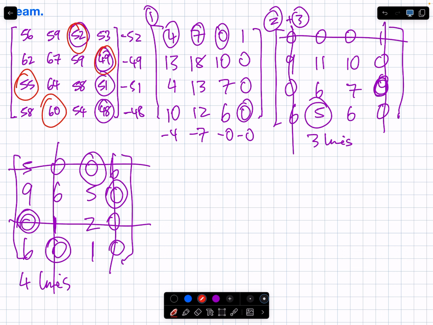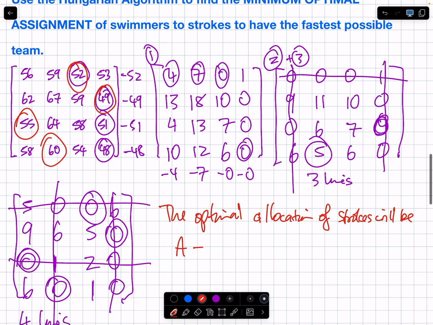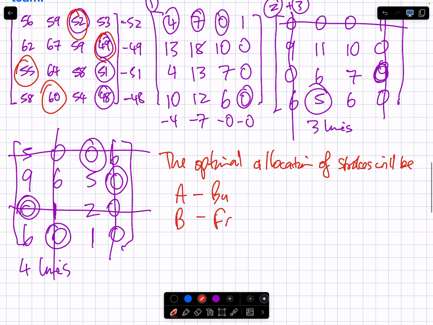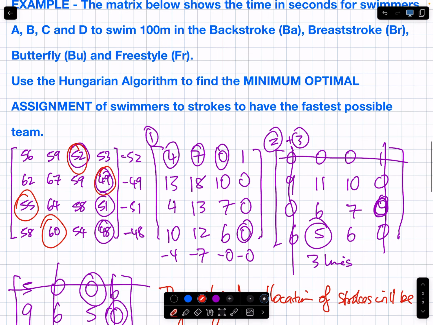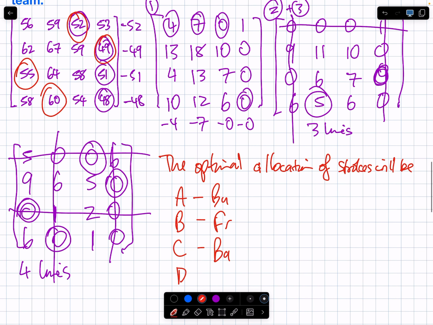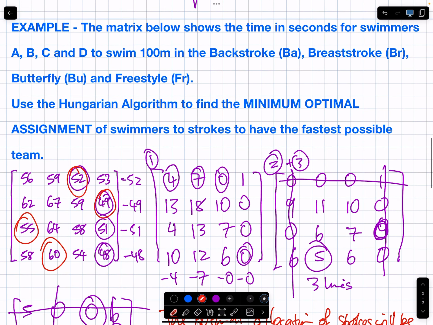So the optimal allocation of strokes will be A is doing butterfly, B is doing freestyle, C is doing backstroke, and D is doing, what was the second one? Breaststroke.